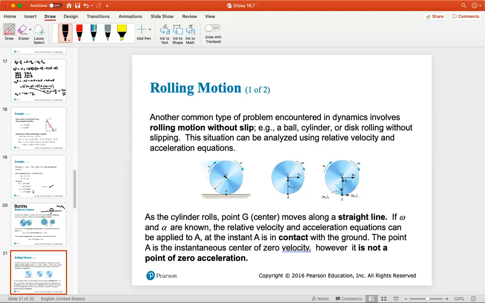Use that to find the angular velocity of point G, and then you also know that at point A, the acceleration in that instant is only centripetal acceleration. There's no tangential acceleration. That's what I was just talking about. And so those are some extra facts you can use to simplify your work.